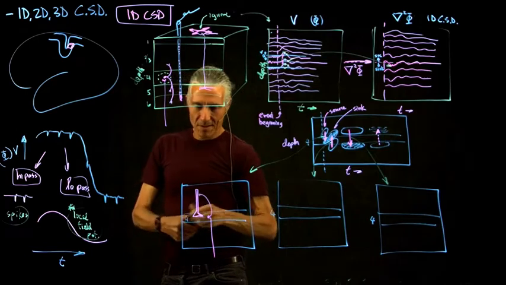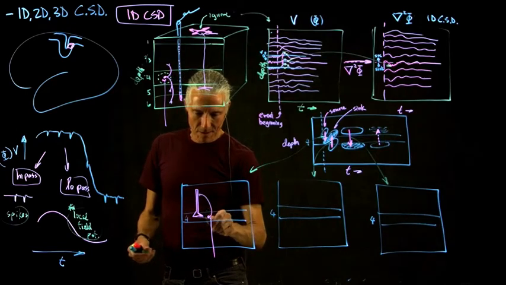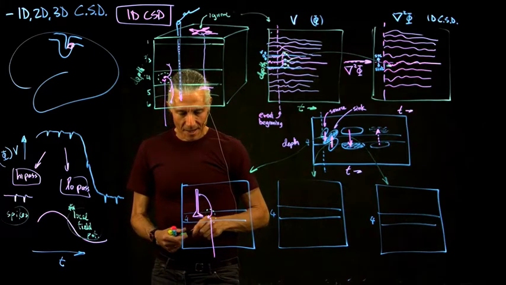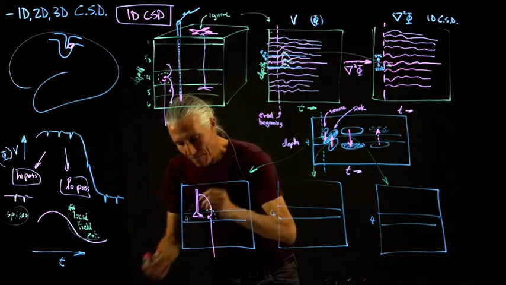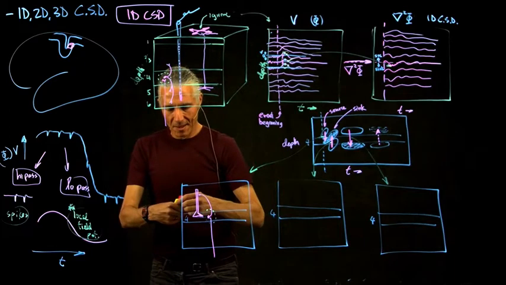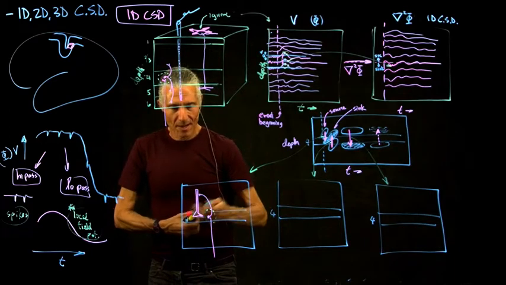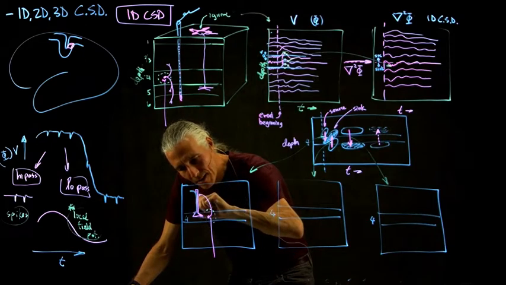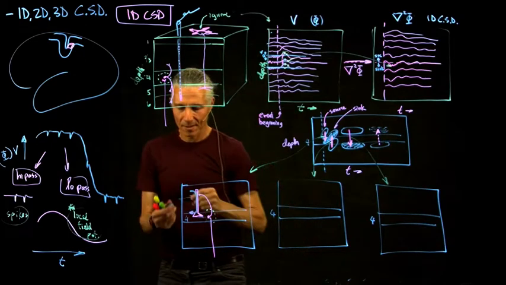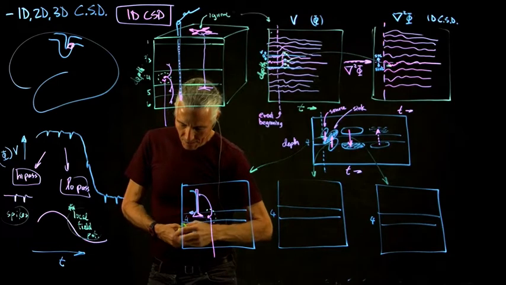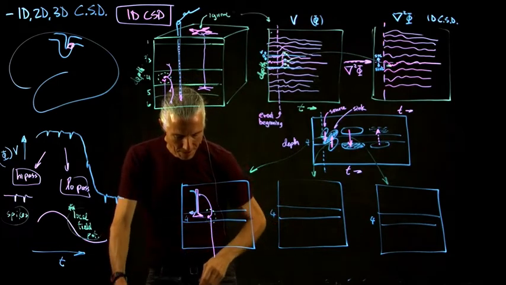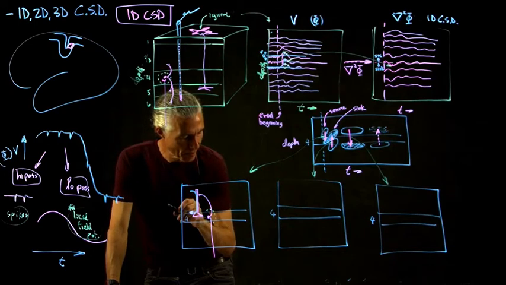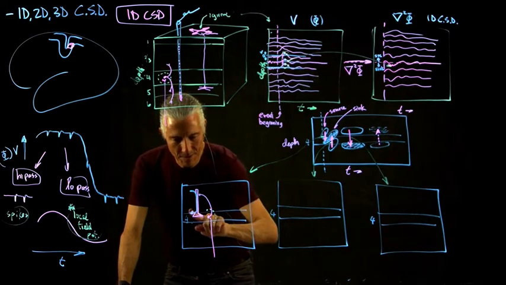Can't see this very well, but we do see some current going in here and coming out down here. So that's basically our... oh, sorry, I got it the wrong way.